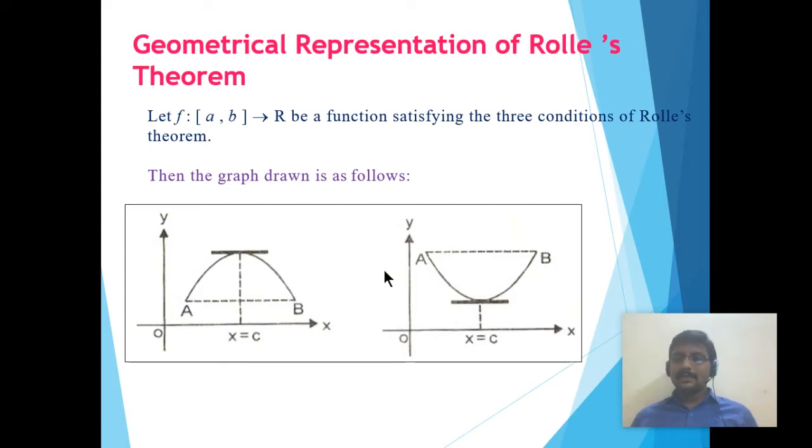In the second diagram also, which represents the curve y equal to f of x, these are endpoints, f of a equal to f of b. It is a continuous curve. The functional values are equal here, and the tangent line is horizontal to the x-axis. So f dash of c value is 0 here.